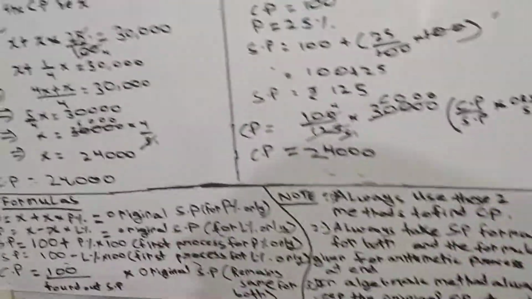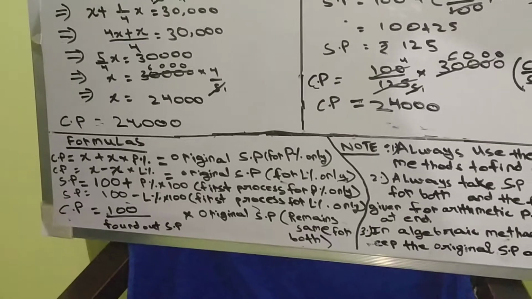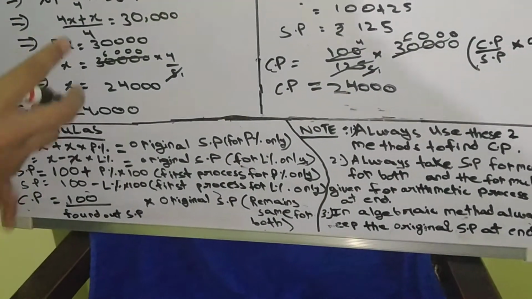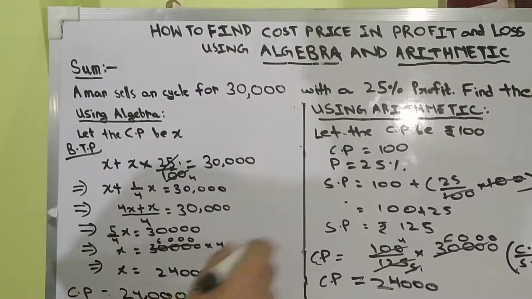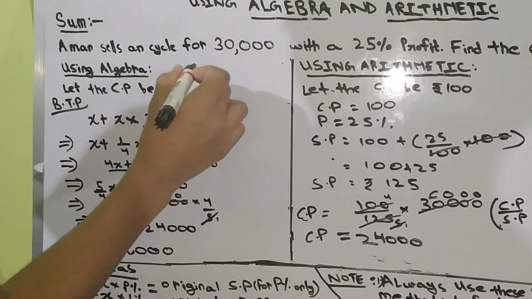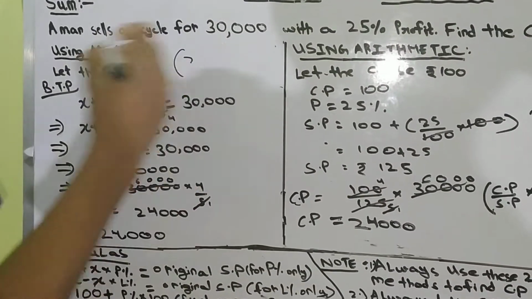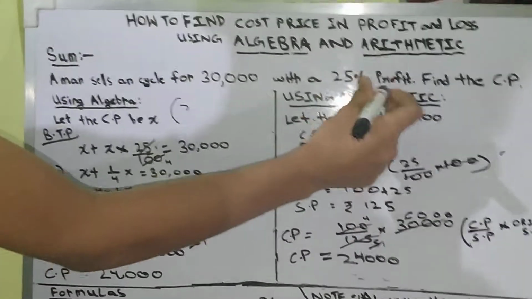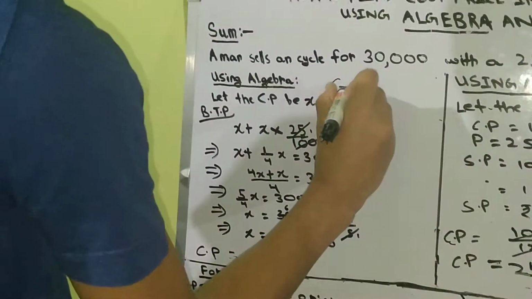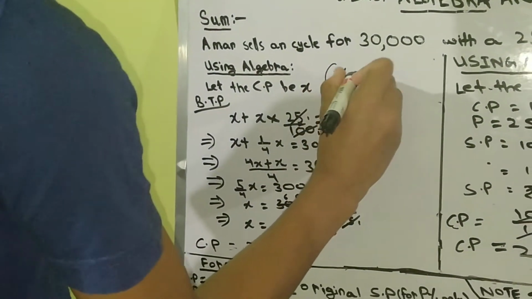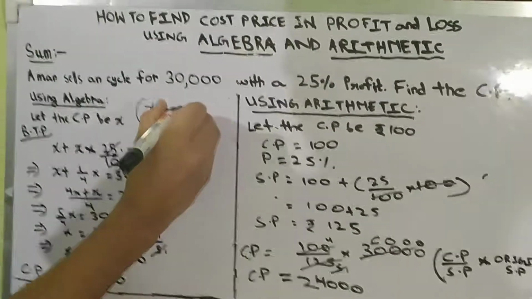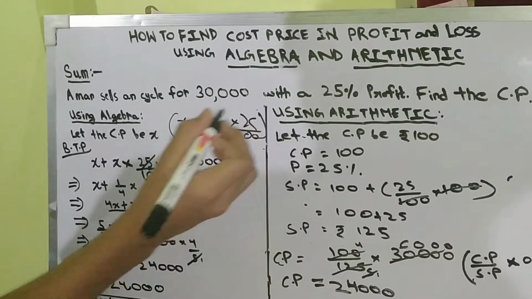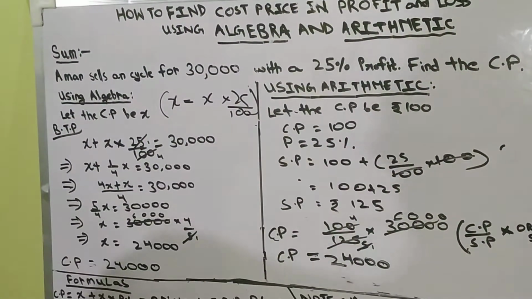Now this is the system if we do it using profit. Now for loss, it is exactly the vice versa. If loss is given, using algebra, simply it would be minus. If it was a 25% loss, then instead of x plus x into 25 by 100, it would simply be x minus x into 25 by 100, then equal to 30,000 as given.